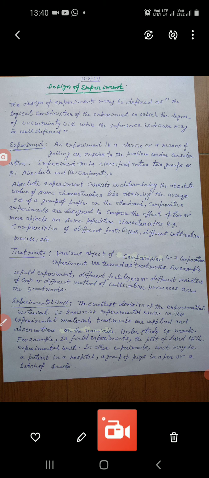So if you are asked about the design of experiment, then this definition will be sufficient. Now you should know the experiment. What do you mean by an experiment? An experiment is a device or a means of getting an answer to the problem under consideration.